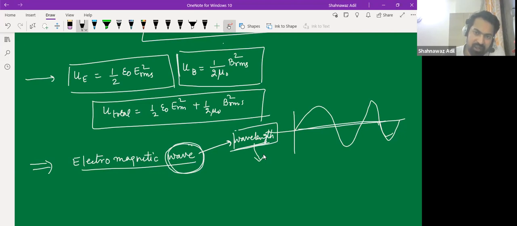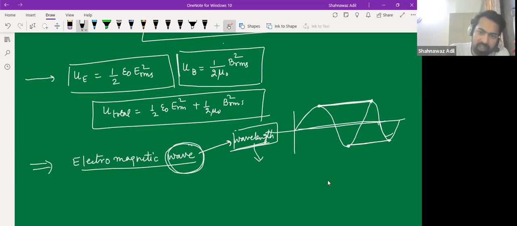The difference between two crests or two troughs, those are the wavelengths, and we associate all the waves with some particular wavelength.